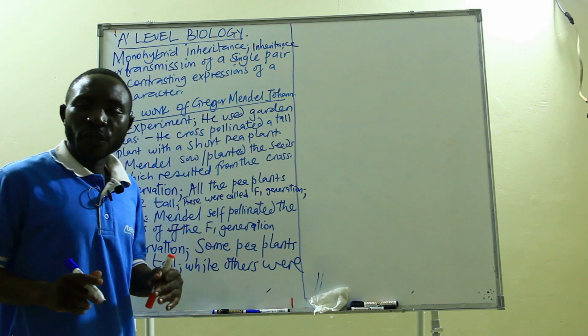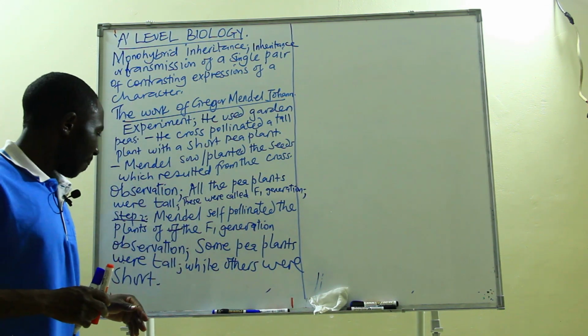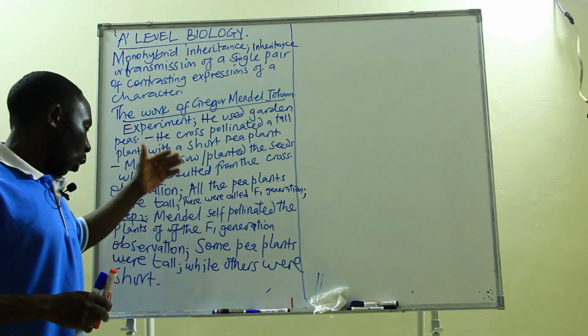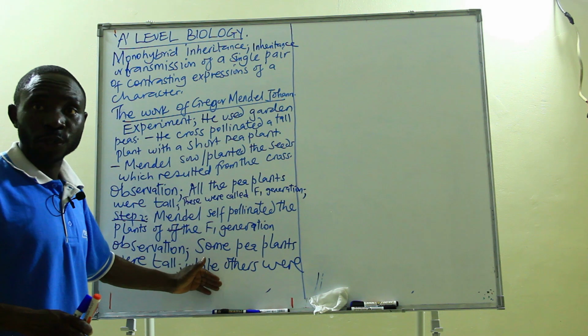So when F1 plants were self-pollinated, both tall pea plants and short pea plants were produced.